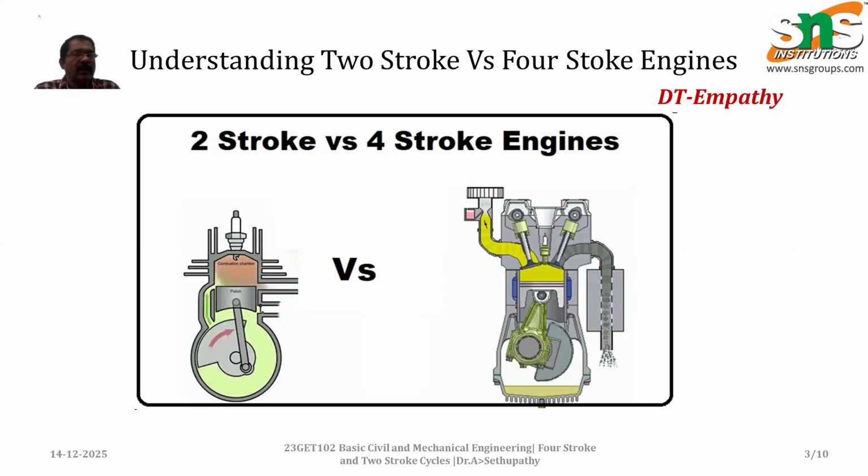The air-fuel mixture burns, the piston gets power, and the crankshaft revolves 180 degrees. This is one power stroke. Then the outlet port opens, and the exhaust gas is sent outside through the silencer while the piston is in the upward position. This is the two-stroke engine.